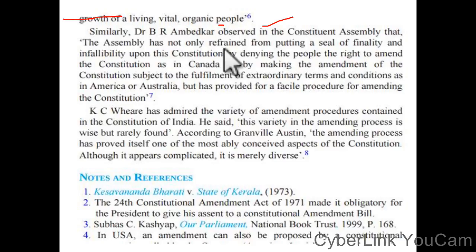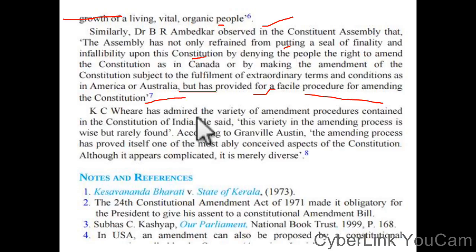Similarly, Dr. B.R. Ambedkar observed in the Constituent Assembly that the Assembly has not only refrained from stamping a seal of finality and infallibility upon the Constitution by denying the people the right to amend it, as in Canada, or by making amendment subject to the fulfillment of extraordinary terms and conditions, as in America or Australia, but has provided a facile procedure for amending the Constitution.